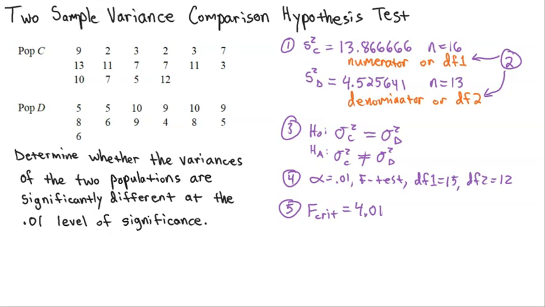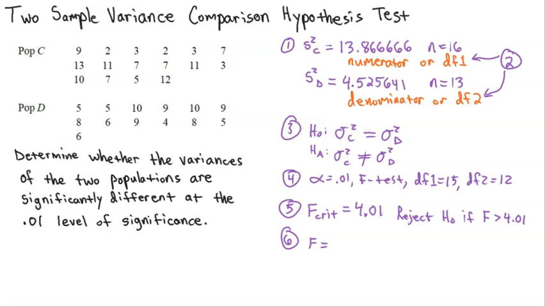That makes our F crit 4.01. So we're going to say reject the null hypothesis, H sub 0, if our F statistic, which we'll calculate in a second, is greater than 4.01. Now we'll move on to step six, which is to calculate the F statistic.